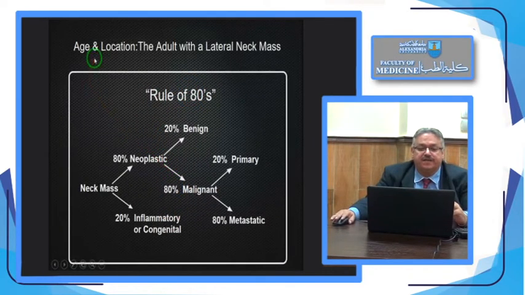When you consider the age and location of neck masses, especially in the adult with a lateral neck mass, the famous rule of 80 should jump to your mind. A lateral neck mass in an adult patient: 80% are neoplastic, and the remaining 20% inflammatory or congenital.